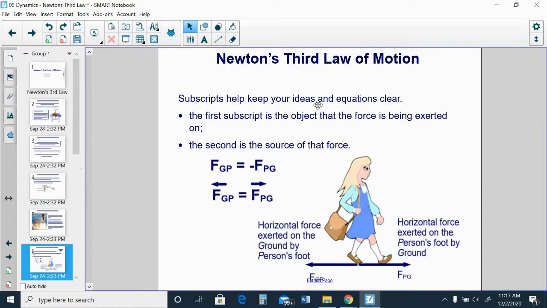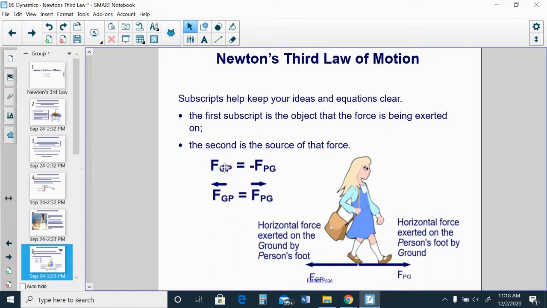Subscripts can help keep your ideas and equations clear. So the first subscript here, we have GP, let's say, is the object that the force is being exerted on. So here G is representing ground. And the second is the source of that force. P is person. So in this diagram below, we have the horizontal force exerted on the ground by the person's foot.